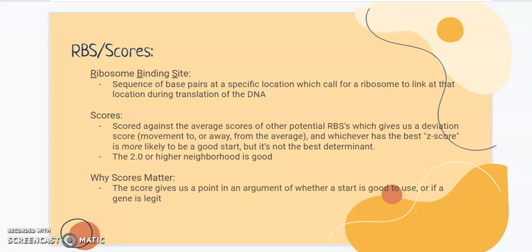You're going to talk about these z-scores when you're annotating genes, and if you have more questions, you can easily ask your OBU partner about these, but it is a common term that you need to know. So why do they matter? A score gives us a point in an argument of whether the start is good to use or if a gene is legit. You don't want to annotate anything that's not legit.